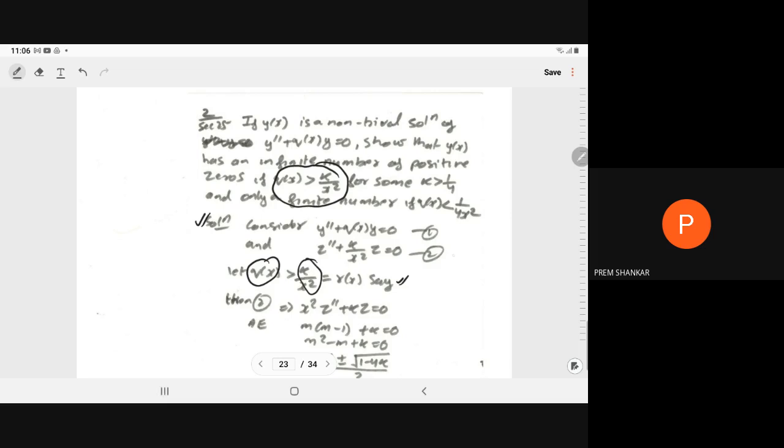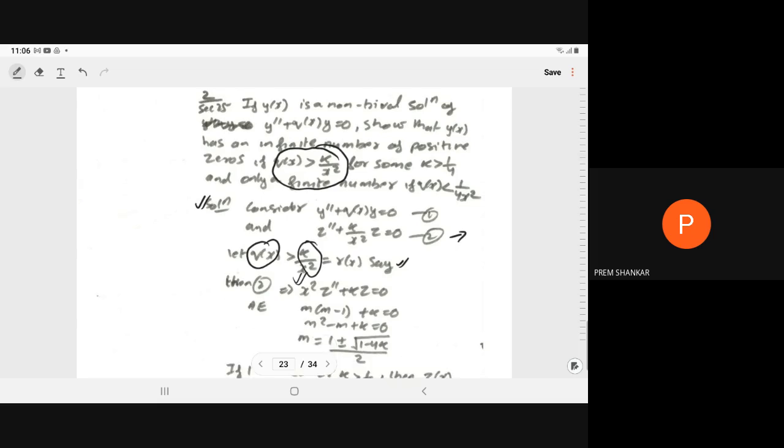So now what is the solution of this equation? This is nothing but Euler's equidimensional equation. So this can be written as x square z double dash plus k z is equal to 0. We know that its auxiliary equation is m square plus (p minus 1) m plus q is equal to 0.